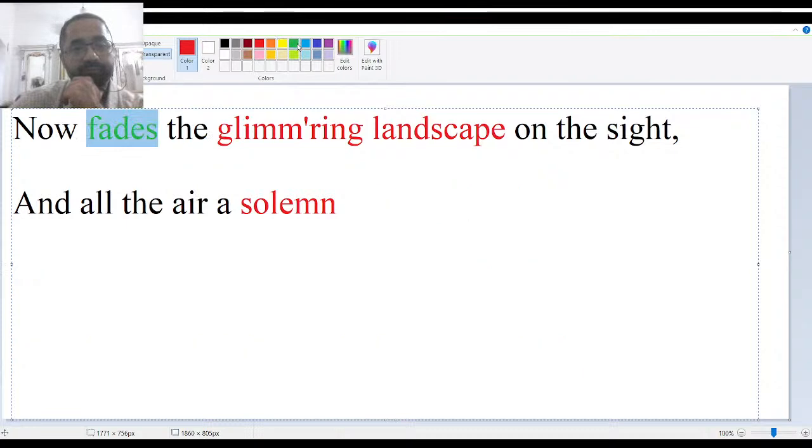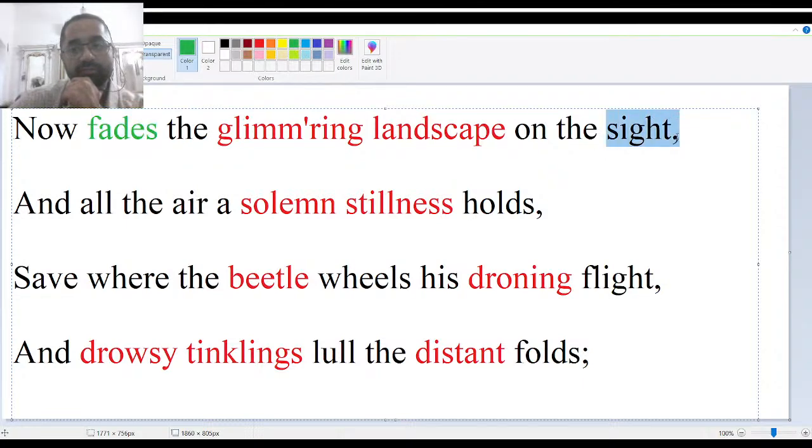Fades, sight, air, holds, wheels, flight, lull, folds.